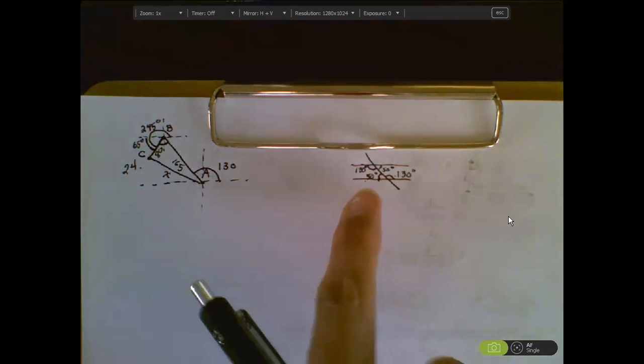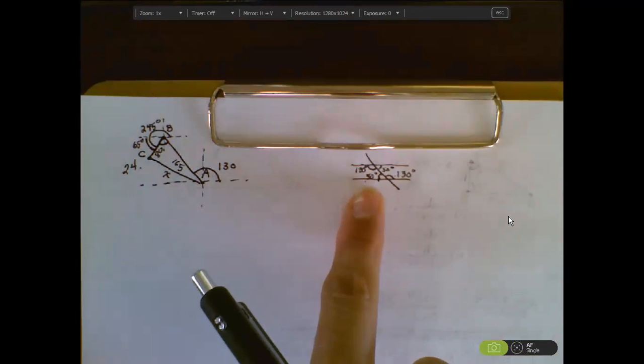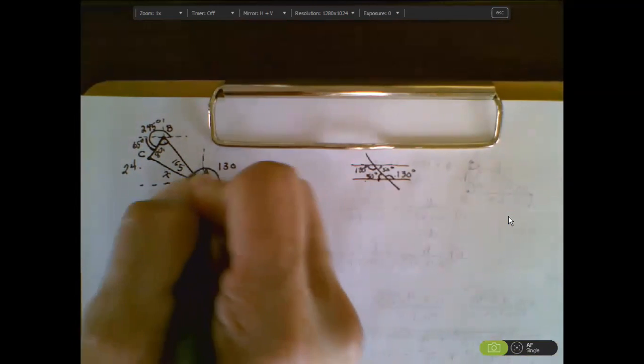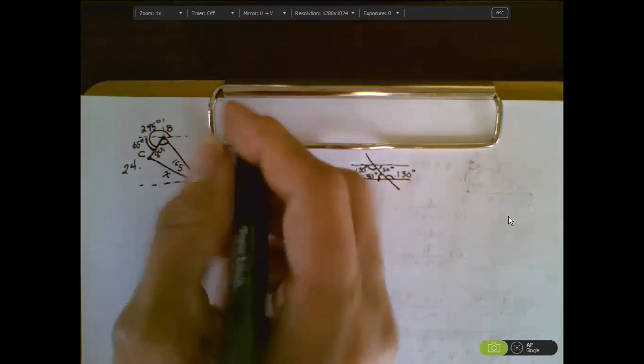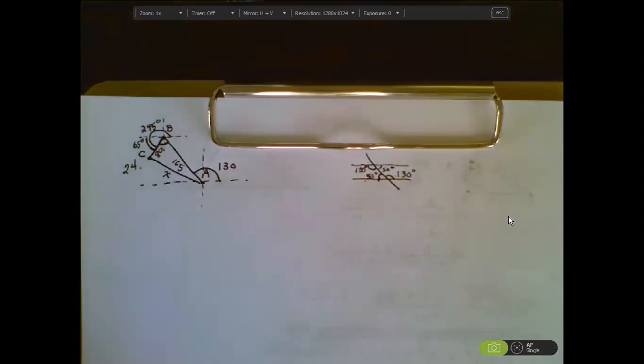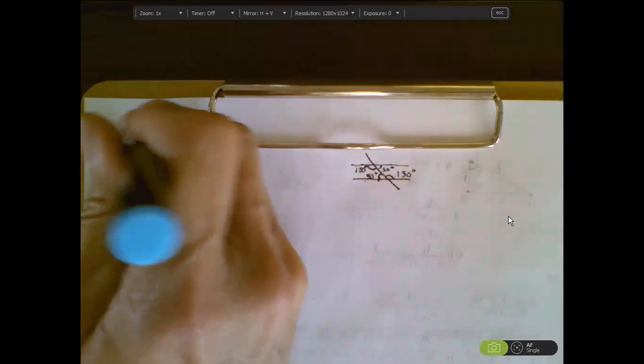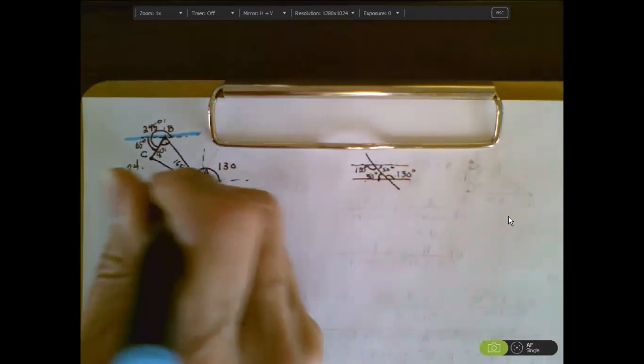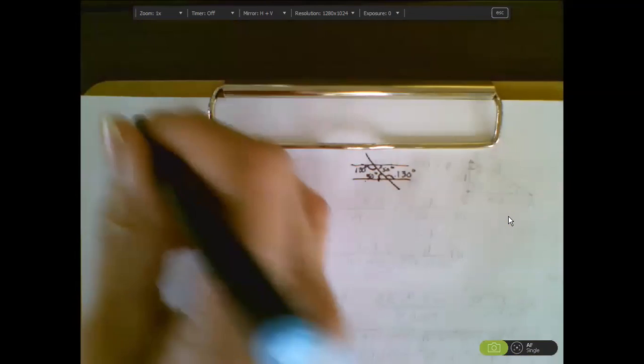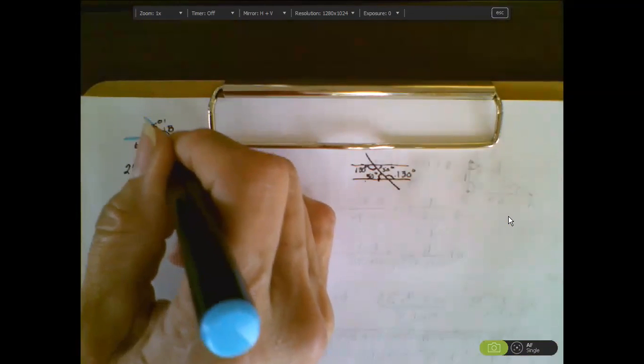Now, that's a little inset from this picture. If this is 130, then here's my two parallel lines, two parallel lines cut by this transversal.